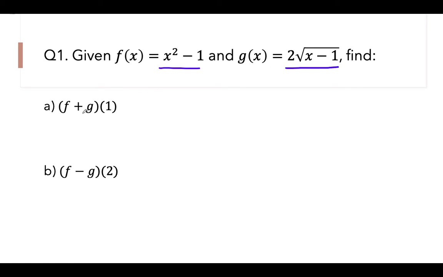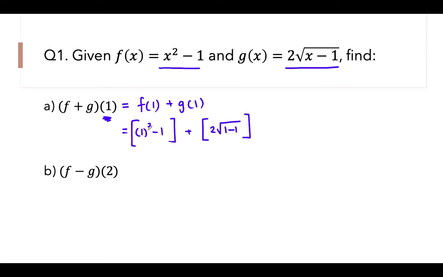We're given a combination function, f plus g, when the input is 1. What this means is I'm going to separate it: f of 1 plus g of 1. I'm going to plug in 1 into x, so 1 squared minus 1, that is f of 1, plus g of 1, which is 2 times the square root of 1 minus 1.